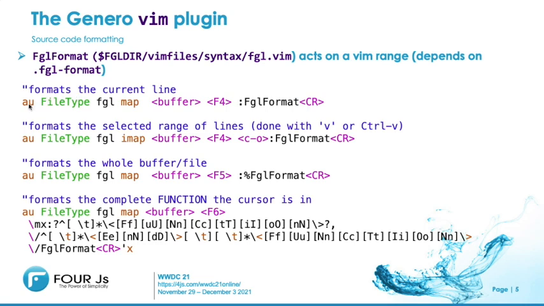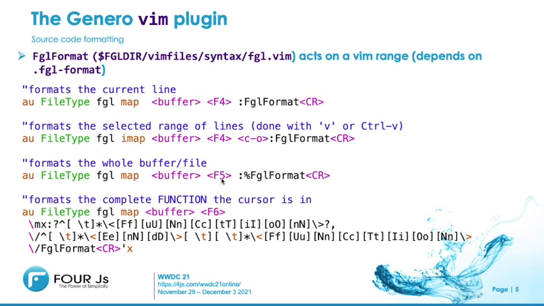We have four Vim definitions here, and each definition maps a function key to a certain functionality. The first one formats the current line. The second one formats a range of lines, and this range of lines can be selected with the V command or the Control V command as shown previously.